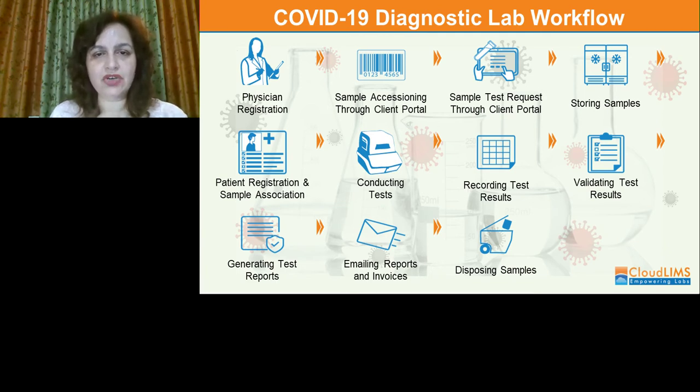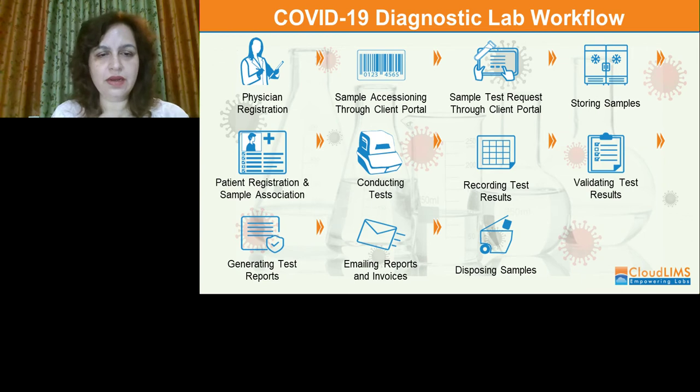The lab manager receives the request, accepts it, receives the samples, stores them, and then assigns a qualified technician to conduct the test. The test results are recorded, validated by a supervisor, and then reported in a pre-approved format templated as per CDC and FDA guidelines in the US. The samples are then removed from the facility after a stipulated number of days.